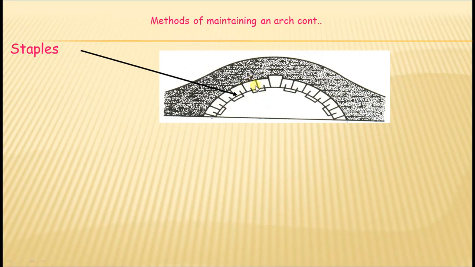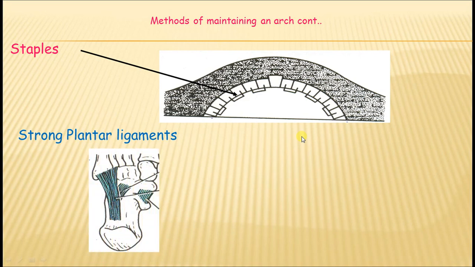So now you know what staples or intersegmental ties are. The different segments which form the arch are held together by these, which are called staples or intersegmental ties. The wedge shape of the bones contributes the skeletal element.